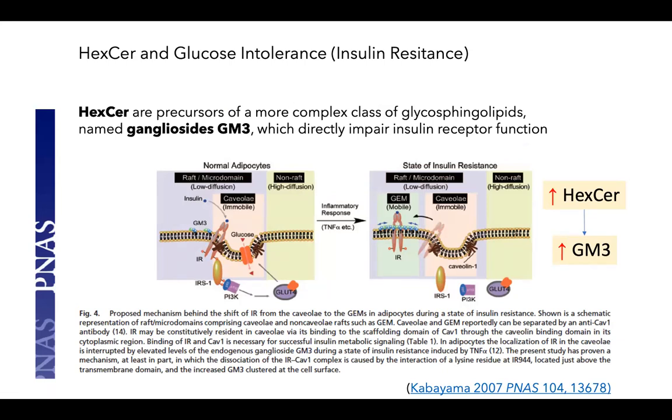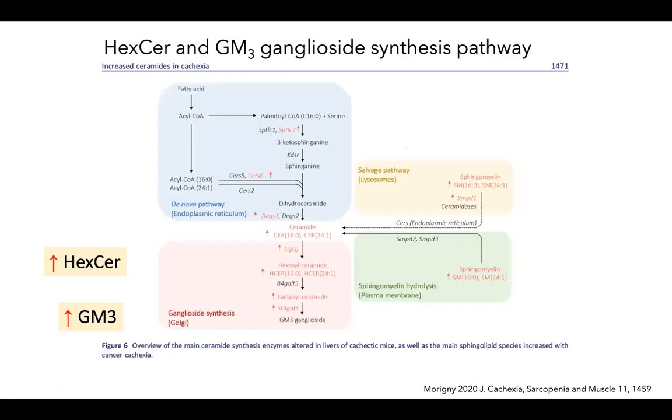This was a study that was done in mice, but this study shows that increased amounts of acylceramides impair insulin receptor function, because this leads to increasing gangliosides, and there is a detailed mechanism in this paper. But anyway, the main effect is this insulin resistance phenotype. So this is the pathway. I think we don't need to discuss right now.